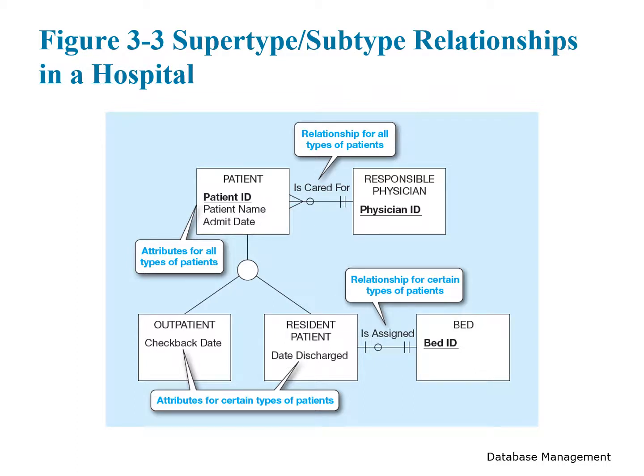So they all have patient ID, patient name, admit date, and also their own attributes, check back date, and date discharged. And also the resident patient is related to the is assigned to relationship. This is a good example of the distinction between shared attributes and relationships and specialized attributes and relationships. So it makes sense to break patient into two subtypes.